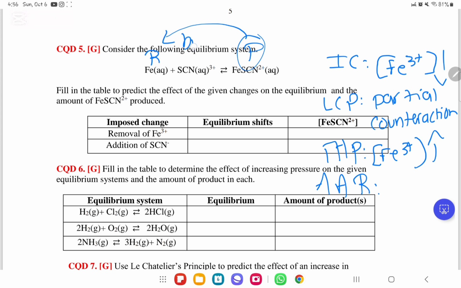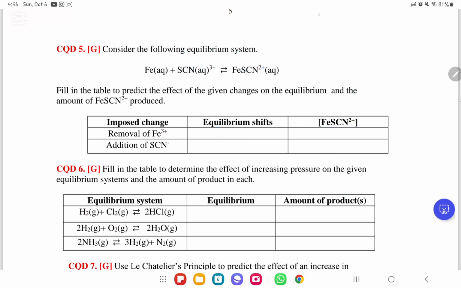So it is a backward shift or to the left. So we say that the imposed change is the equilibrium shifts to the left. Now what happens to the concentration of FeSCN2+? Because we're giving from the product to the reactants and FeSCN2+ is in the products, its concentration decreases.